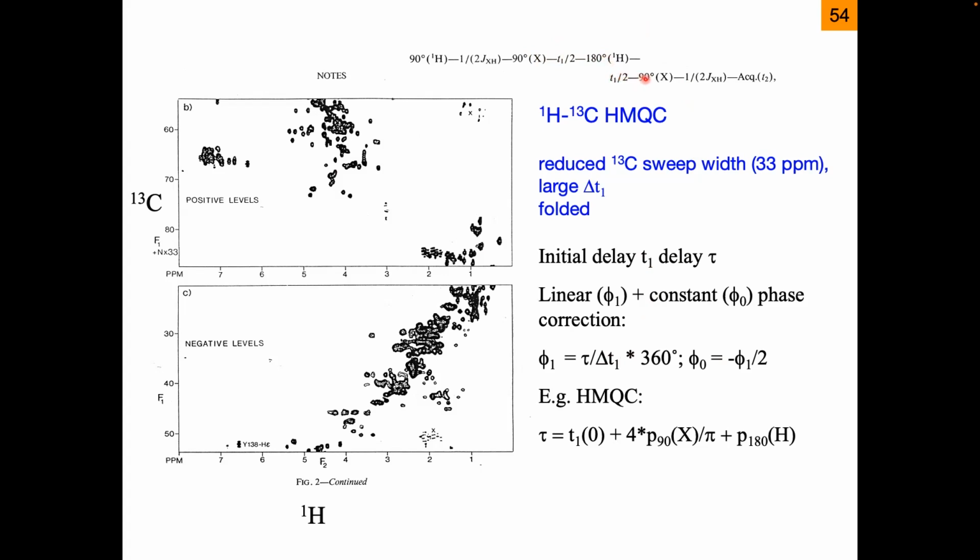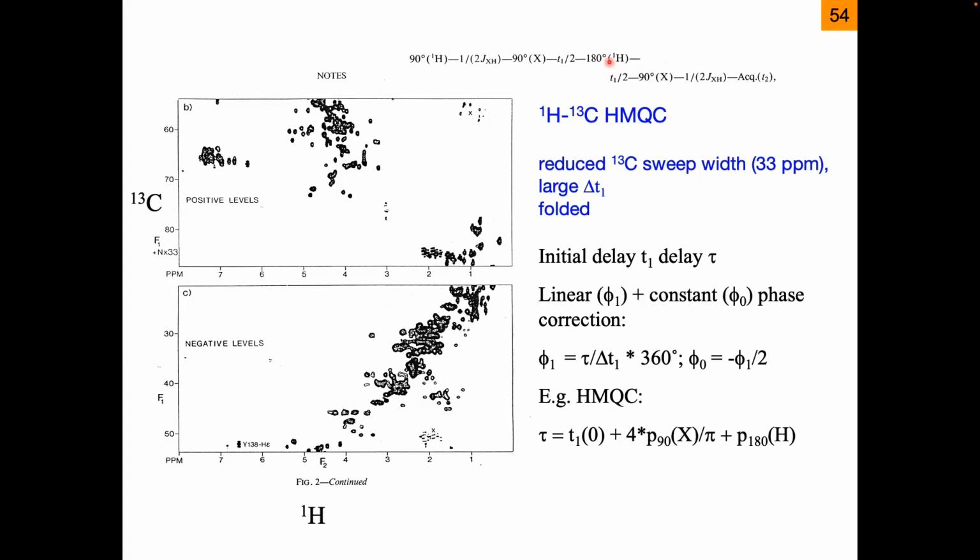And then there's the next 90-degree carbon pulse. So when I have this T1 in the beginning, this is what you set in Bruker, this is D0 or something, this has a certain value. You have this T1 half there, this is definitely the delay, but then you have evolution also happening during the 180-degree pulse.